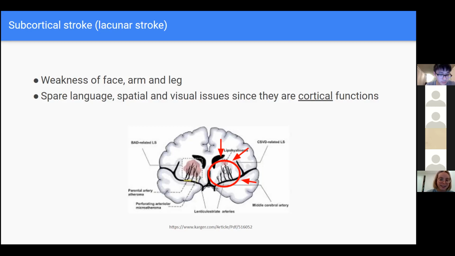That's why they have this effect on the face, the arm, and the leg. However, they usually spare language, spatial, and visual issues because those are cortical functions, and so they won't get close to this area. So really it's more of a weakness problem in those kinds of strokes.